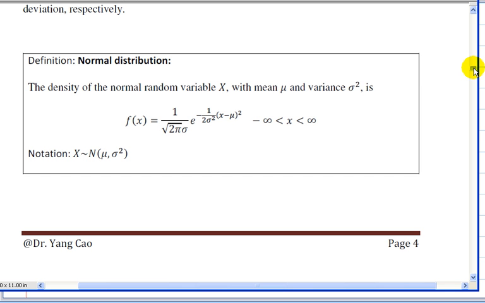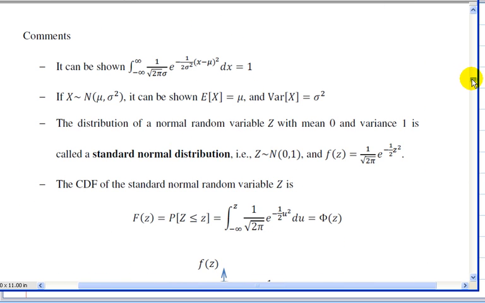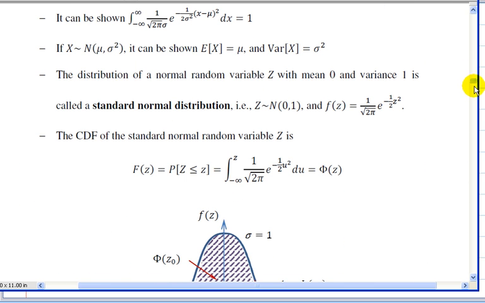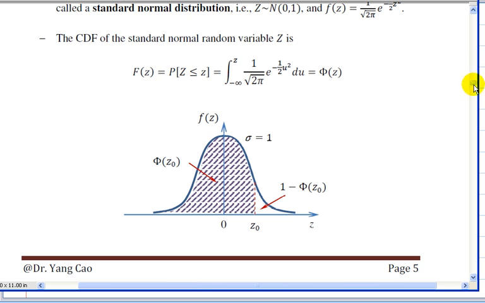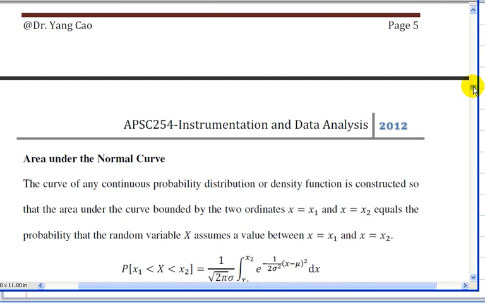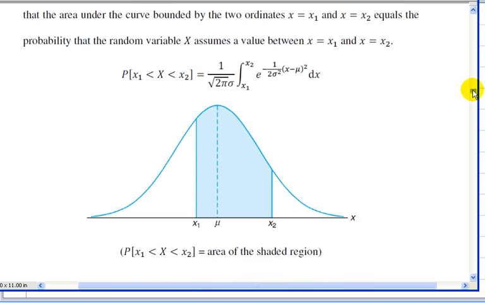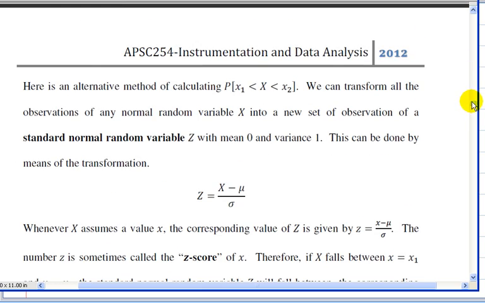We also talked about how, when we calculate the probability based on the normal distribution, we don't calculate the integrals. We calculate the z-score for the normal random variable x. The z-score is z equal to this.